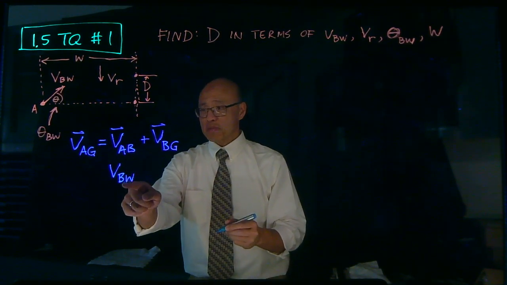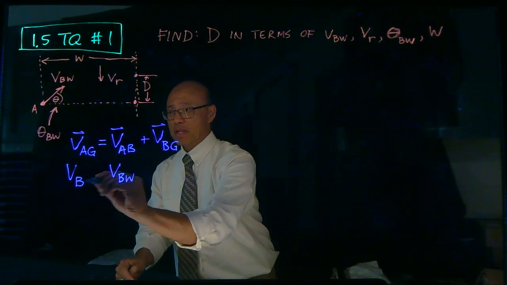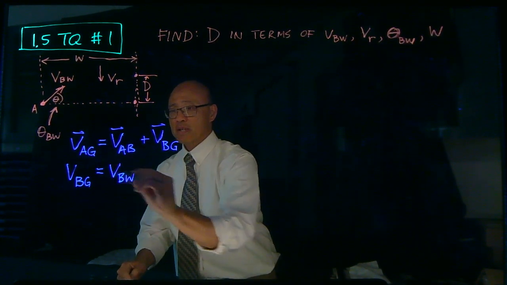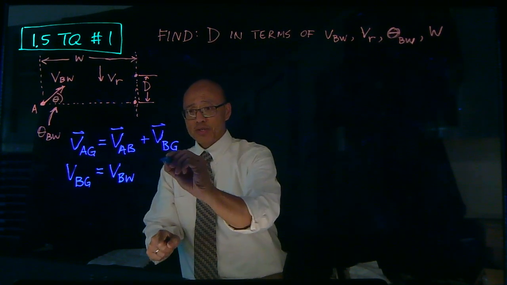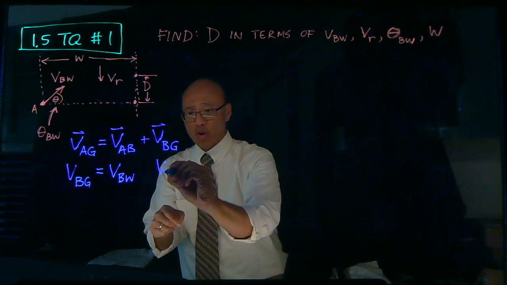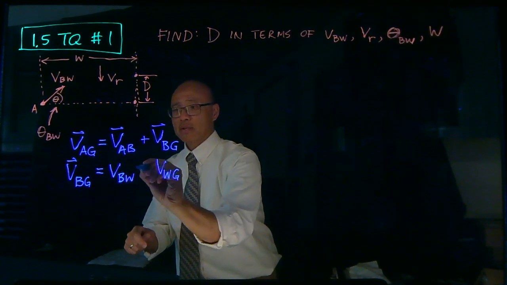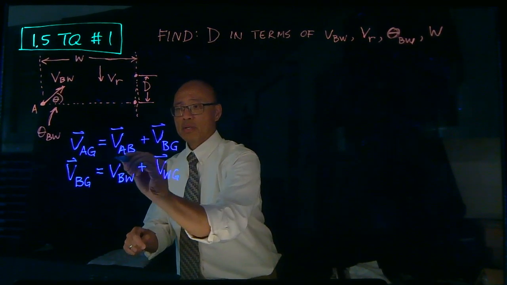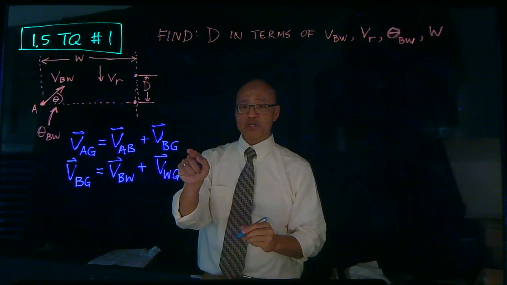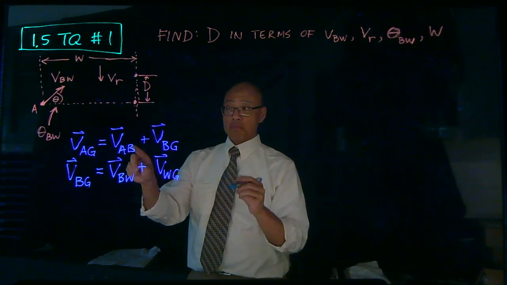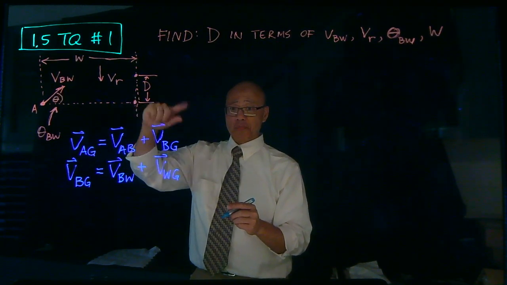This A is my boat, so this A is my boat, ground. This B is my water, so this B is water, G. So I have applied the relative motion math model to my system, but it doesn't quite match symbolically everywhere.